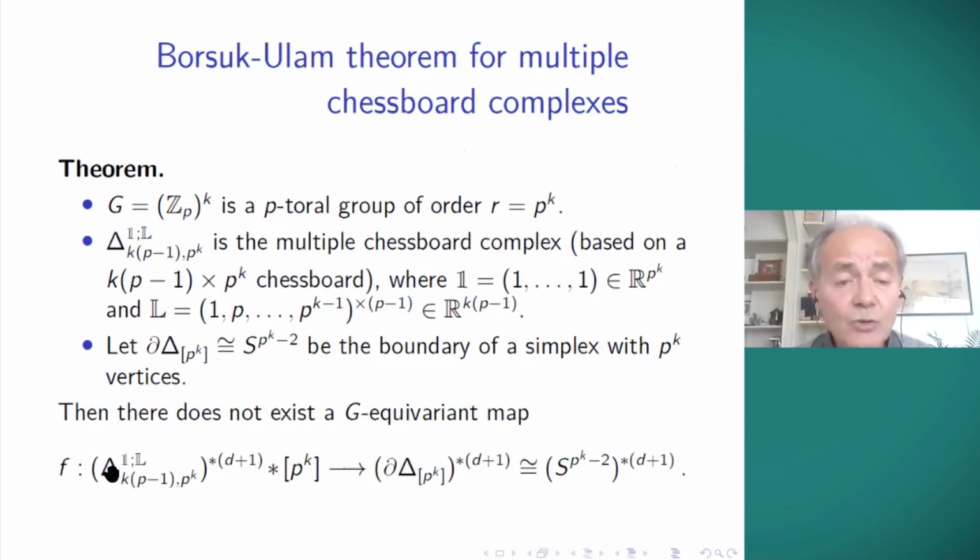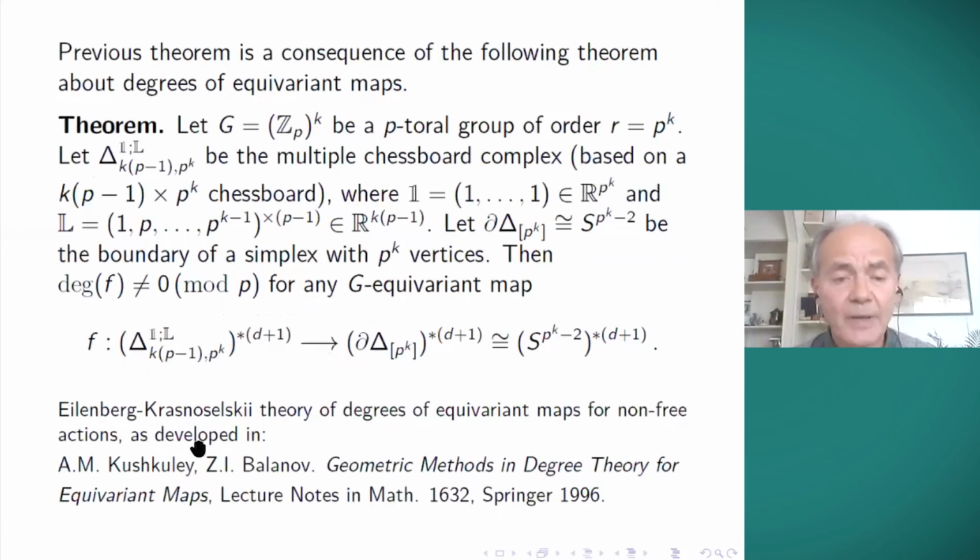Here you also need something like chessboard complexes, but these are so-called generalized or multiple chessboard complexes. They are also based on a chessboard, but then you allow more rooks in rows or in columns, following a special pattern.